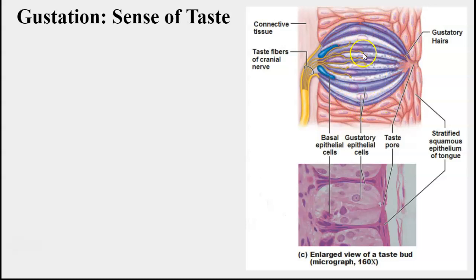These are the taste receptor cells. You'll notice they are connected to sensory neurons, taking that information in. And then you have some other cells next to the taste receptors and you have to have a way to replace those.